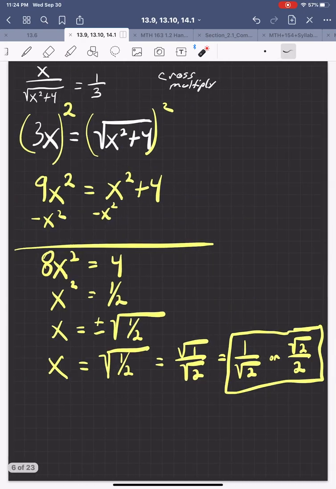All right, and you know what happens at this point. Now that you know the value of x, you're going to have to use it to figure out the value of y.